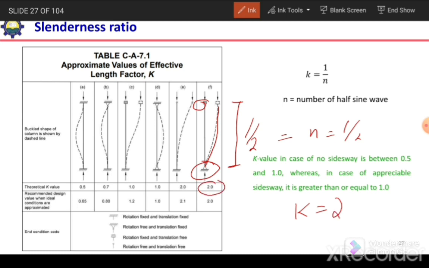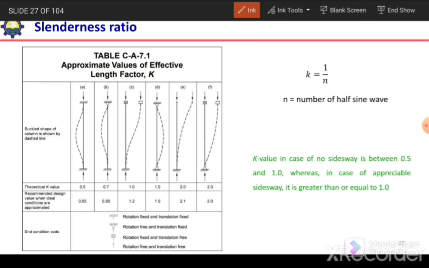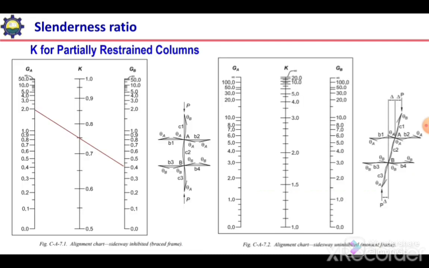So this is the way we can calculate this effective length factor k when we have defined end conditions, meaning either it is fully pinned or fully fixed. But in the case when the supports are not predefined, meaning it is partially fixed, partially restrained, the scenario will be different.